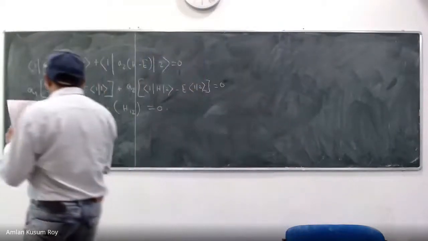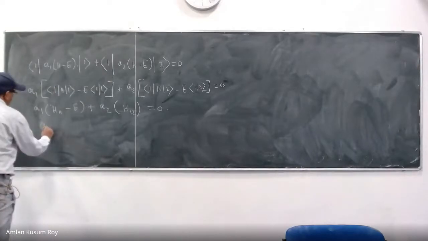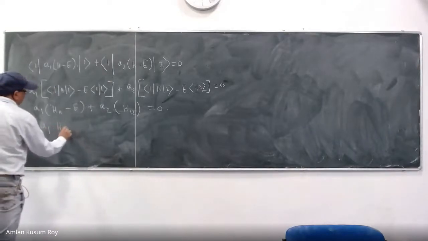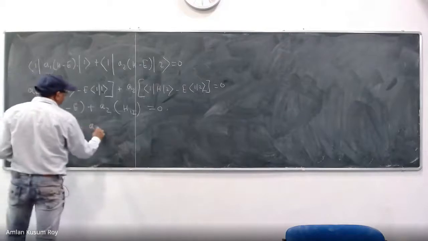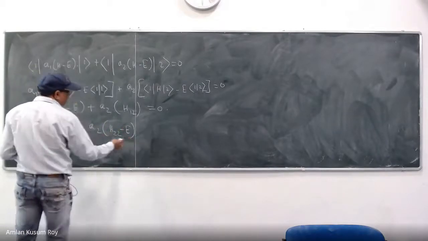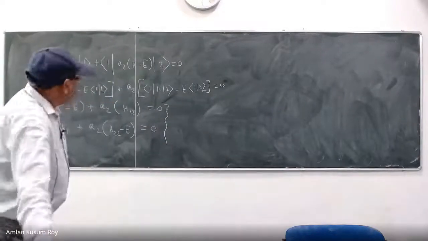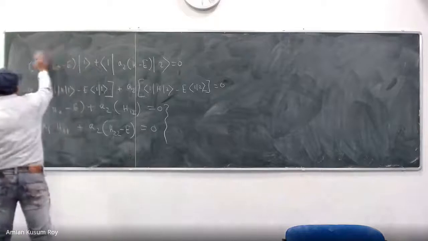That's great. So A1 H21 plus A2 H22 minus E is 0. Very good. So I can now take these two equations.